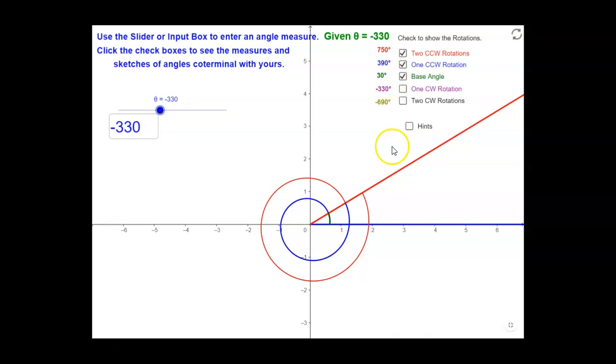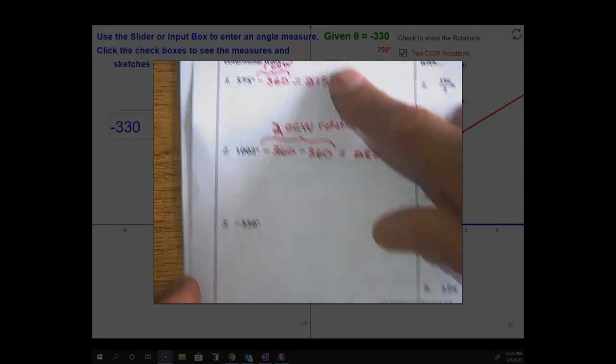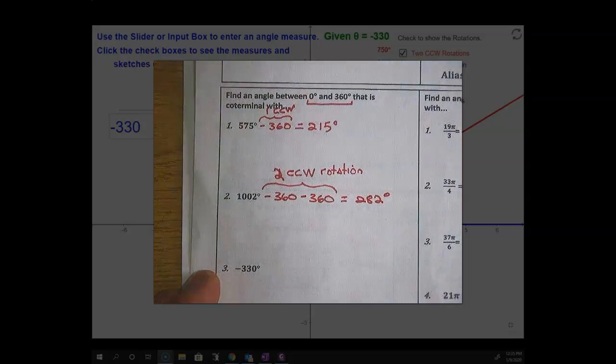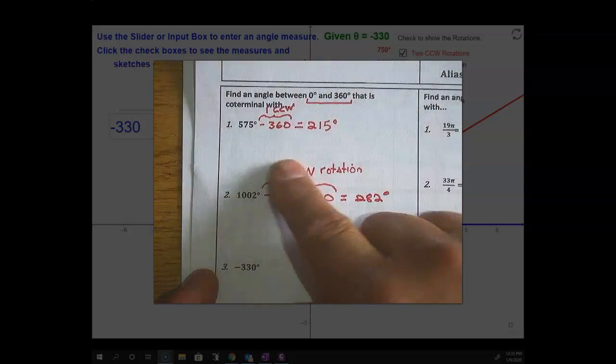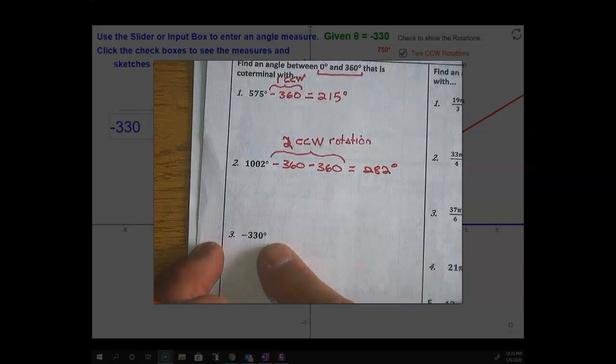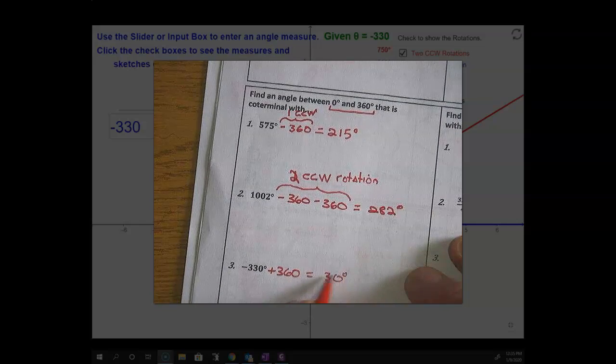Those are all coterminal angles. They all end at the exact same place. So back to our example, I want a coterminal angle between 0 and 360, so I'm going to add 360 here, and that gives me 30 degrees. Easy.